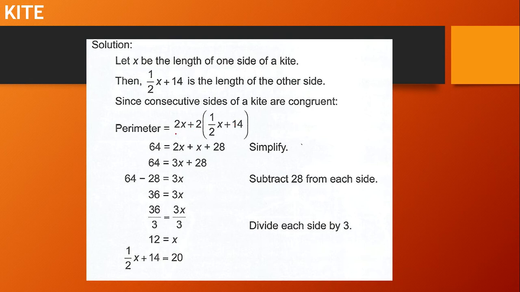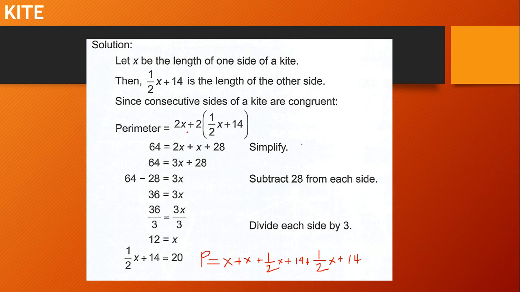Where does that come from? If you add all the measurements of the sides of the kite, since we are looking for the perimeter, this is the formula: P equals x plus x plus 1/2 x plus 14 plus 1/2 x plus 14. This is the long form of the solution for the perimeter.